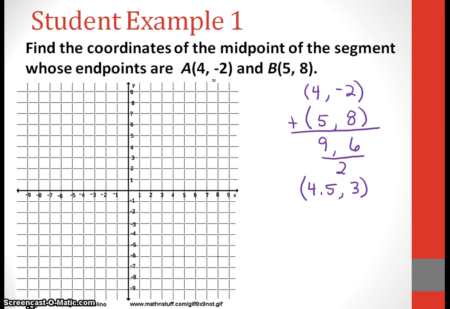I've got the point (4, -2), over 1, 2, 3, 4 and down to this point right here, and the point (5, 8), over 1, 2, 3, 4, 5 and up 1, 2, 3, 4, 5, 6, 7, 8. So I've got these 2 points.